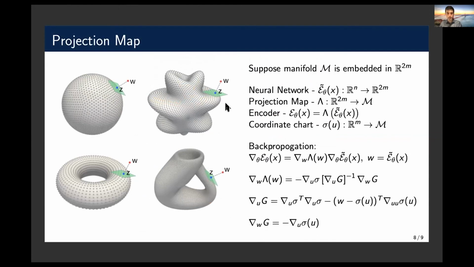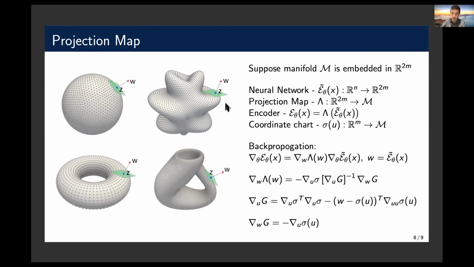The next thing that I wanted to talk about was how we go about incorporating different latent space topologies. It will often be the case that our data set might live in some manifold M, and due to the Whitney embedding theorem, we know that we can embed this manifold into some higher dimensional space.